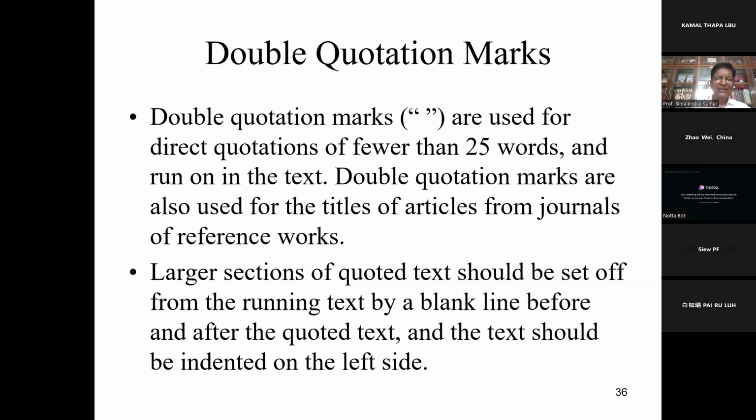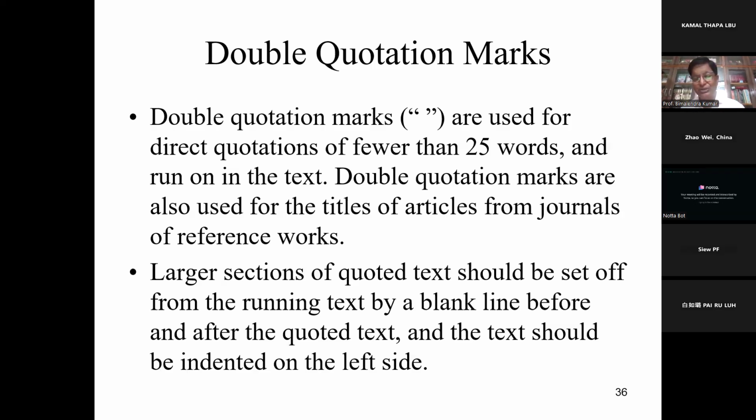But if there are fewer than 25 words, there should be double quotation marks. Double quotation marks are also used for the titles of the articles from the journals or of the reference work. Generally, names of the journals are given in italics, and the titles of the research paper are given in normal font. There should be no italics for that.